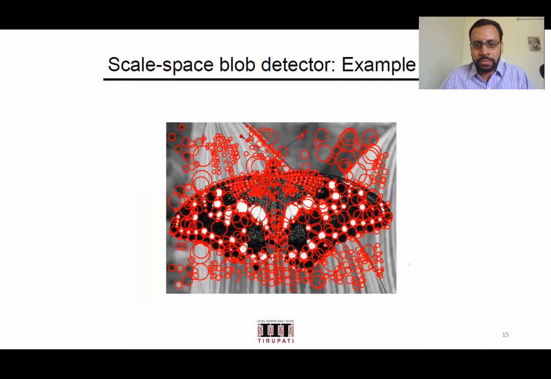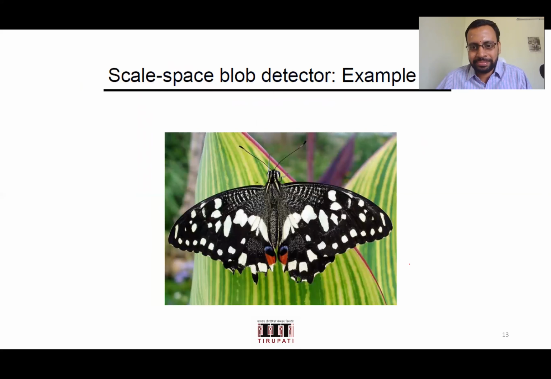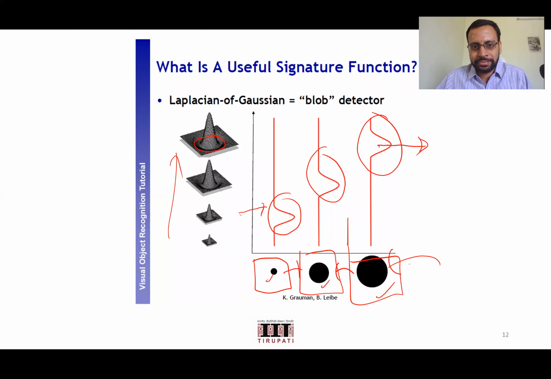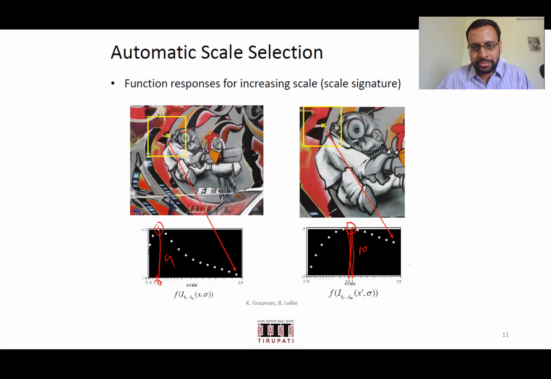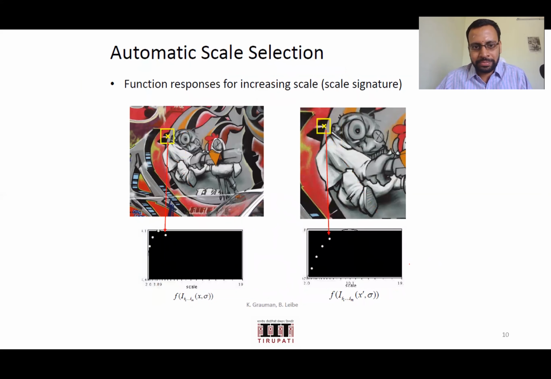Is that clear? Sir, could you go to the previous slide? Yeah. The previous one, sir, where you have 2 images, before this also. Okay. Yeah, here. Sir, so here it's written f of I of x comma sigma. So is the I here the Gaussian and f the Laplacian?